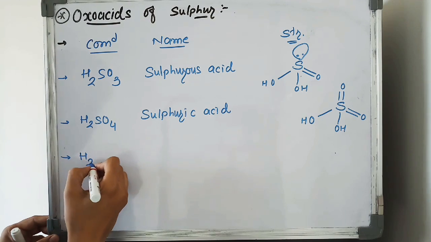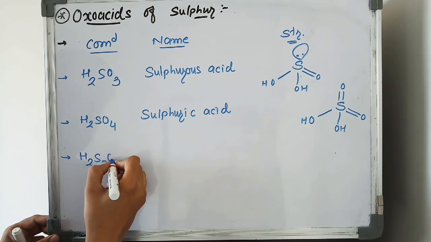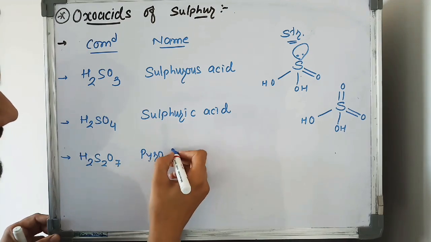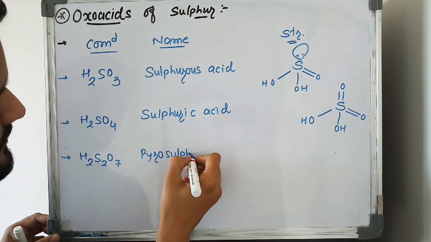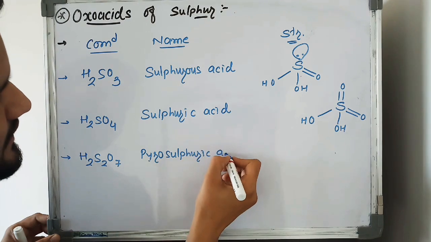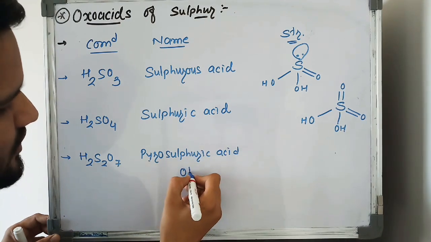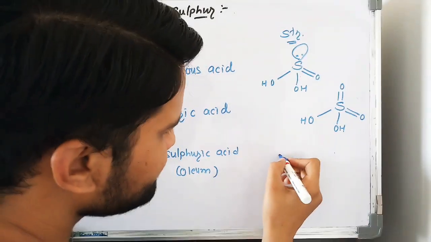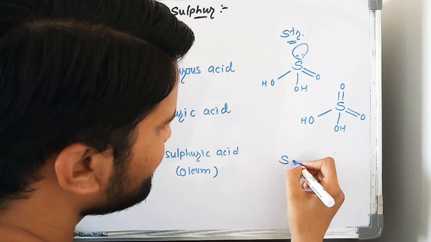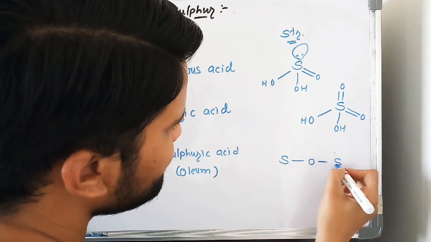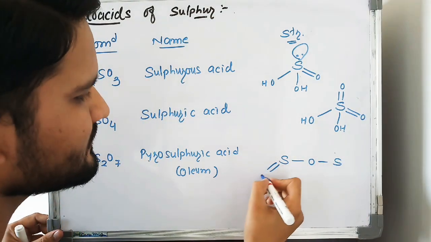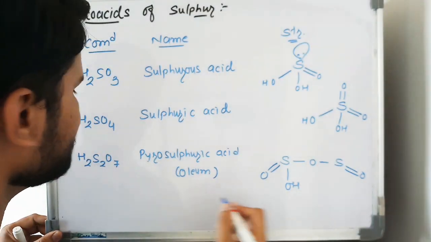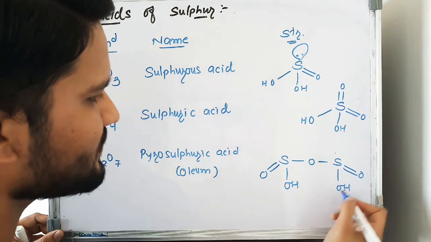Next is H2S2O7, called pyrosulfuric acid, or also known as oleum, having a structure like this. Sulfur, oxygen, sulfur, double bonded oxygen, OH, OH.